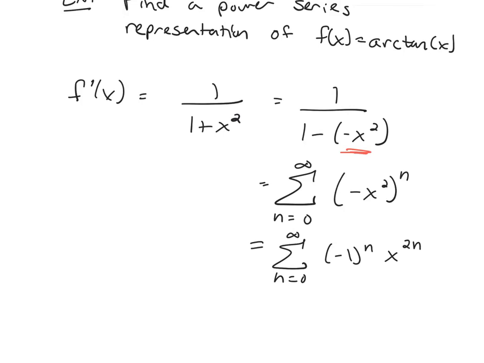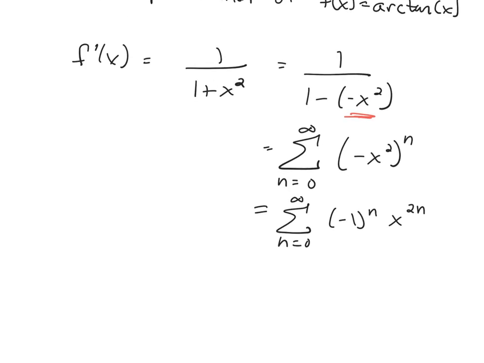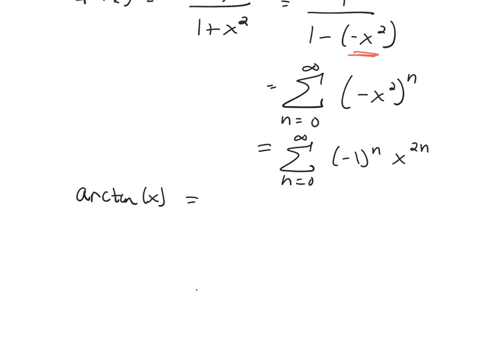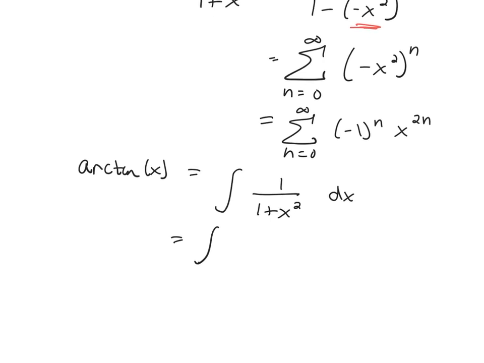So we found the power series for f prime of x, but that wasn't my goal. My goal was to find it for f of x, so I just need to integrate to get back to my function f. We're going to get arctangent of x by integrating 1 over 1 plus x squared, which I'm now replacing with its power series.